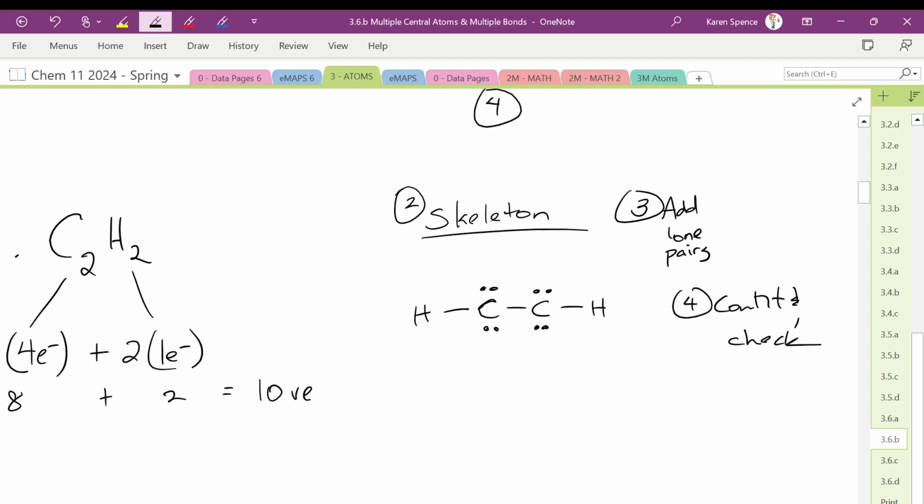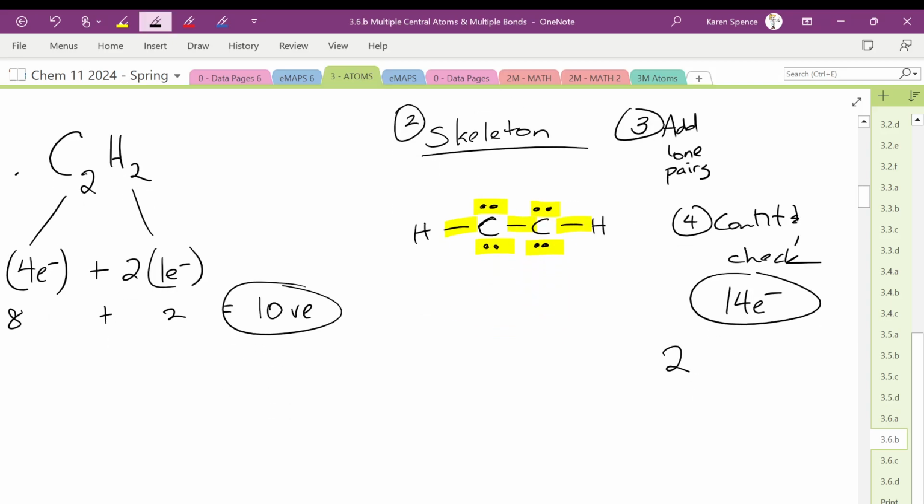All right. 2, 4, 6, 8, 10, 12, 14. Uh-oh. 14 electrons. How many pairs too many? 2 pairs too many. So how many pairs will we need to erase?